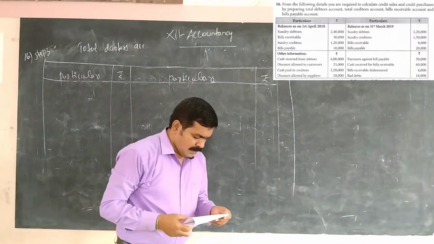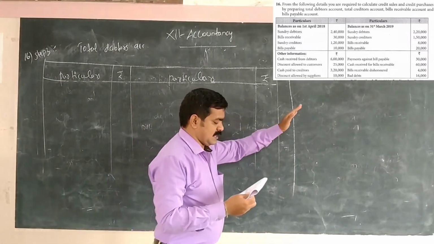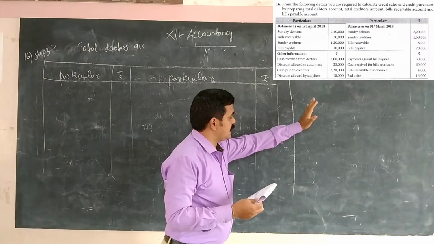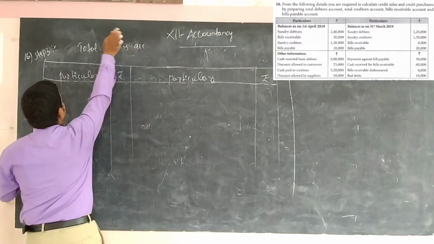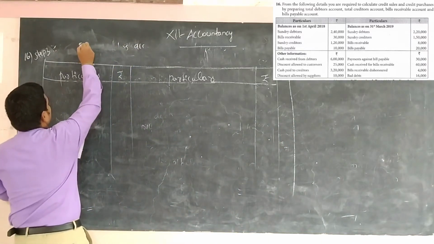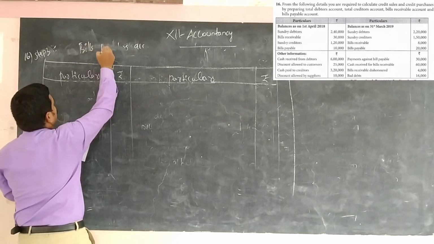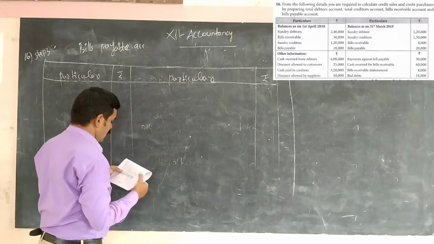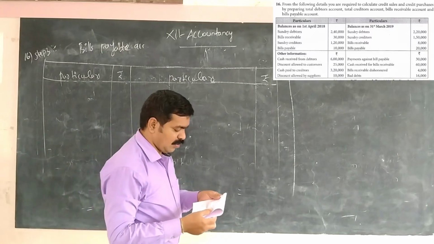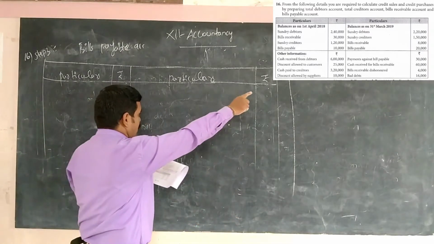So the opening balance of bills, that is bills payable, 10,000. That is the bills payable account. The bills payable opening balance is 10,000.